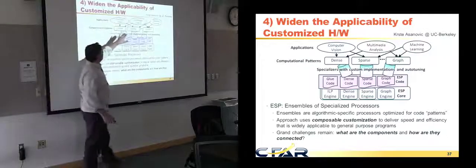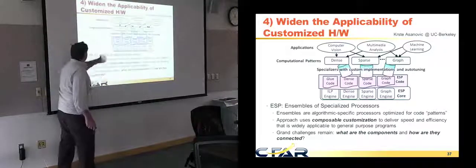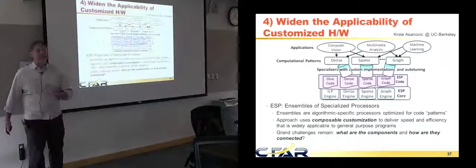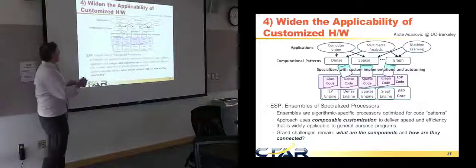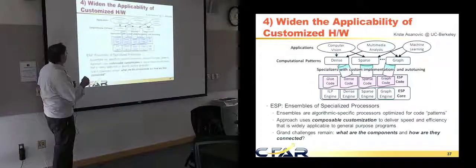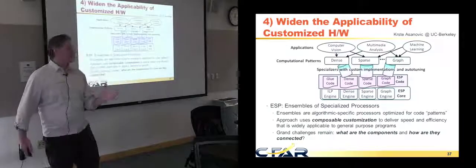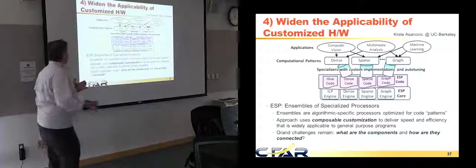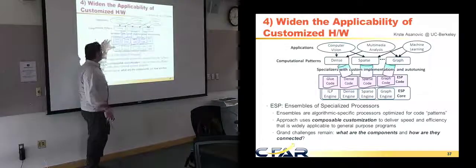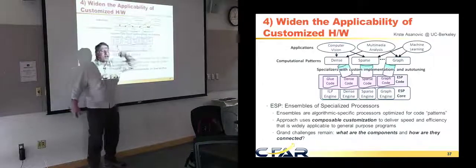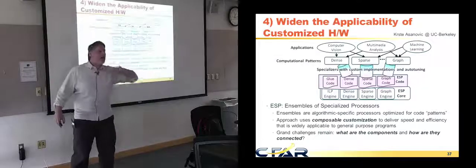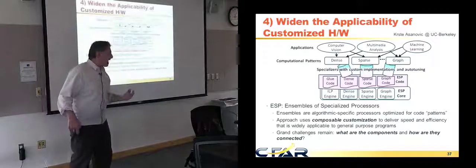This is Krste Asanović's project at Berkeley called ESP, Ensembles of Specialized Processors, where they take applications and then, using compiler tools, identify the computational patterns. What are the algorithms that are inside of these codes? And then map those algorithms to a set of computational resources that don't target a specific application, but target application classes.